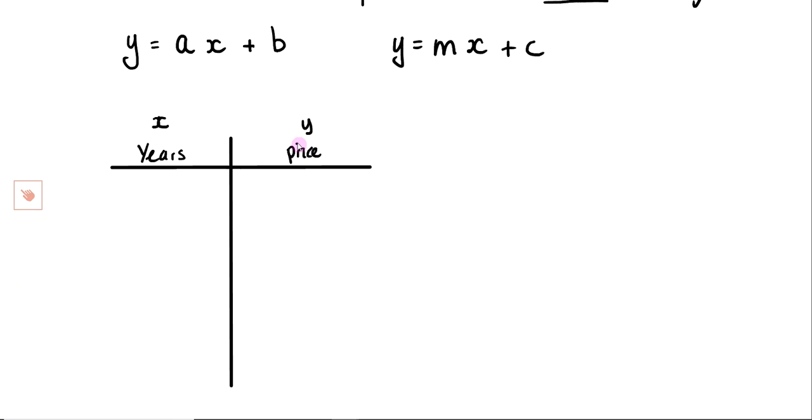And for every 1 year that goes by, the price would decrease by 125. So what would be our first? So it said here in 2010 the cost of a lithium-ion battery was. So do we put 2010 and the price is $1,000?